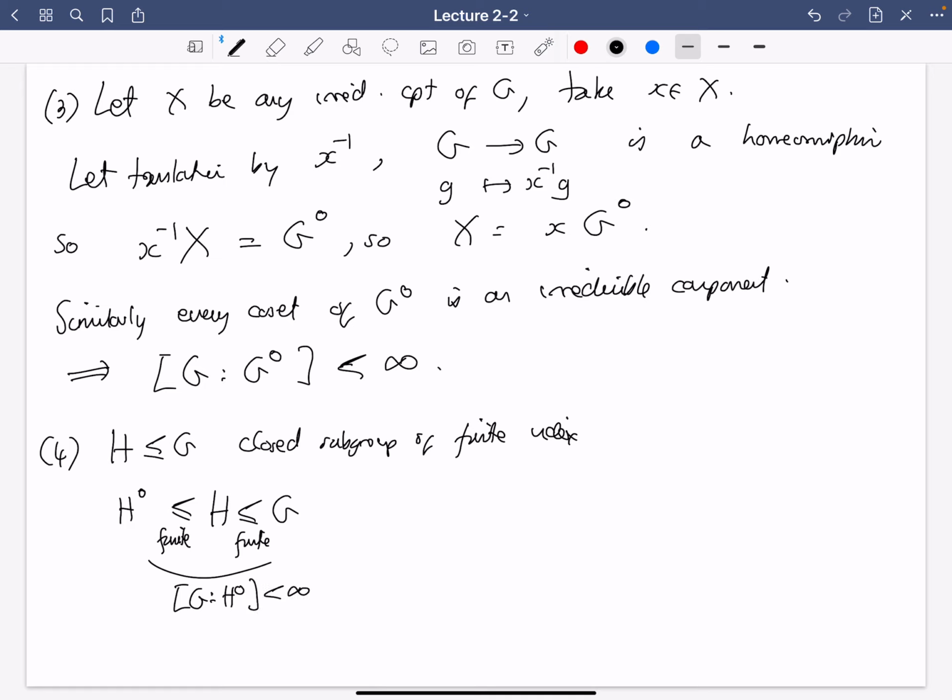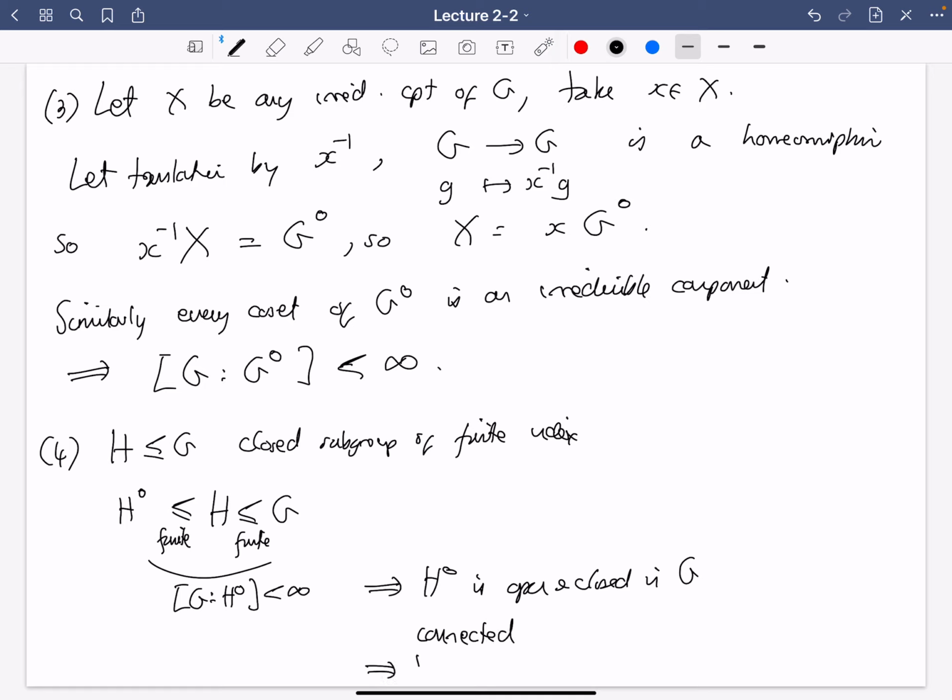And that implies that this H0, it's closed in G, and its complement is just a union of finitely many other cosets of it. So its complement's closed. So that implies that H0 is open and closed in G, and it's connected. It's irreducible, so it's connected.